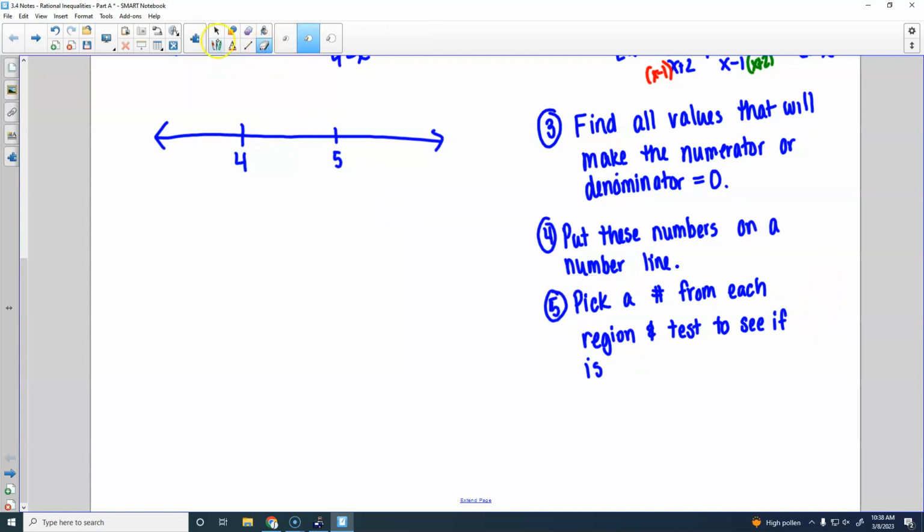You really shouldn't use it. If the expression would be positive or negative for that value.